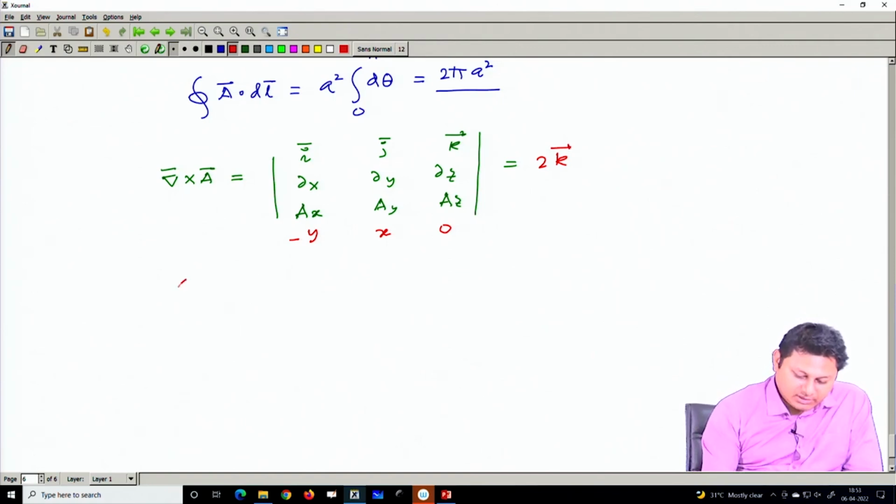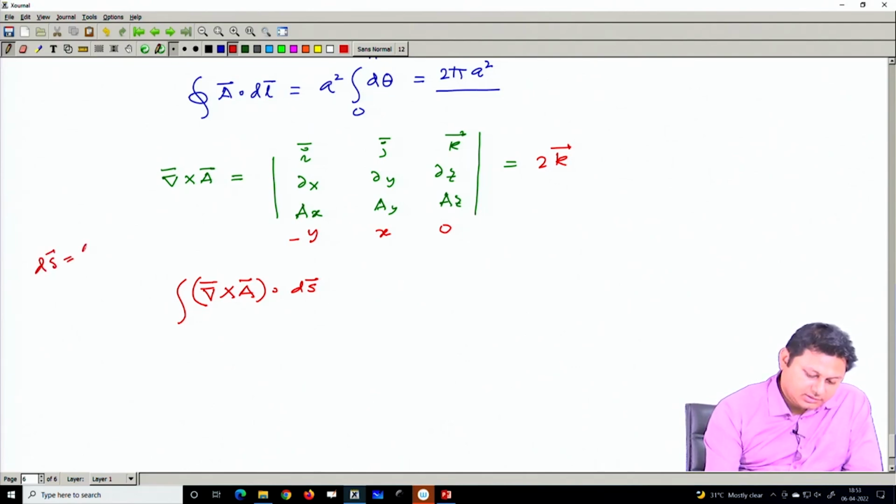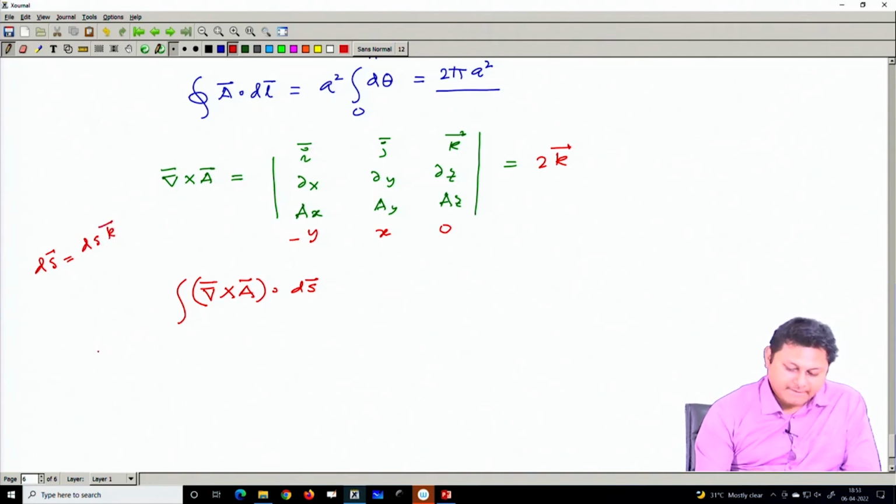Okay. So, now you calculate the surface integral of this quantity dot ds. Now, what is ds here? It is ds in the direction of k. So, I have the integration of 2 k dot ds k vector.